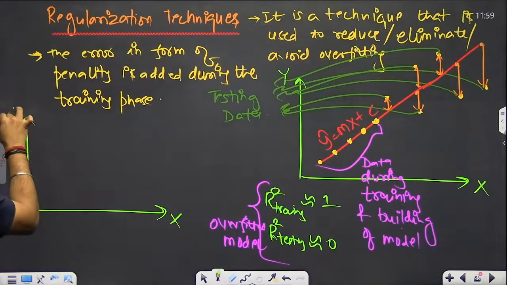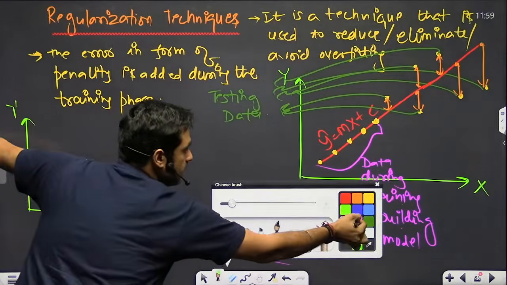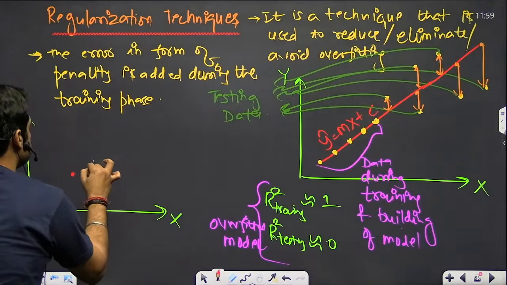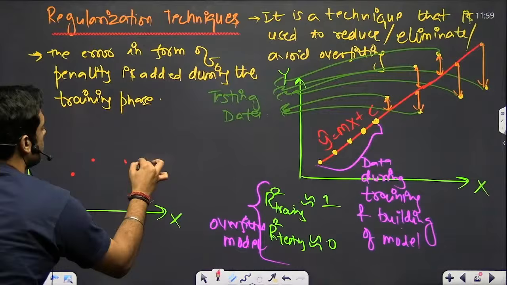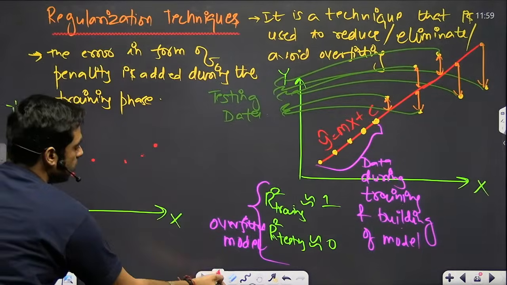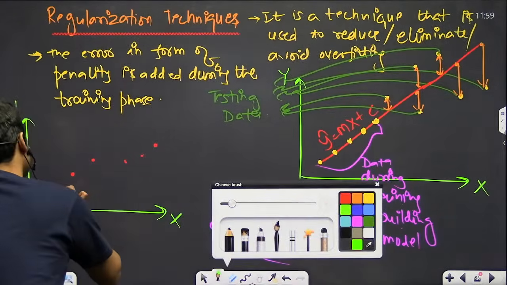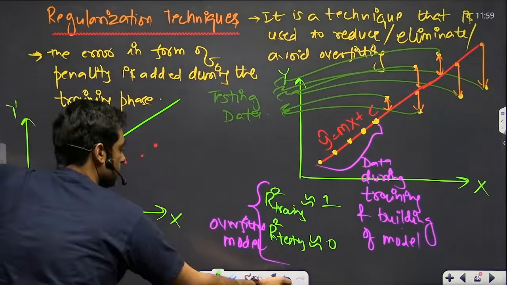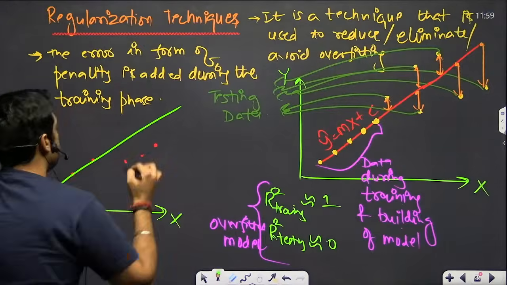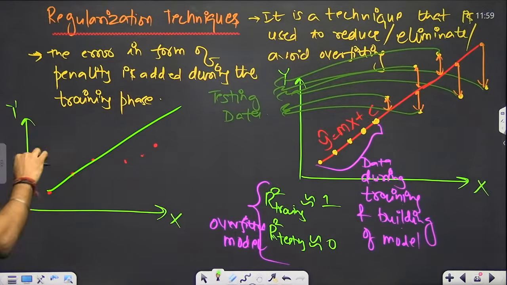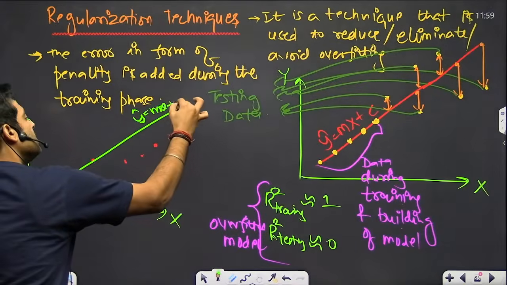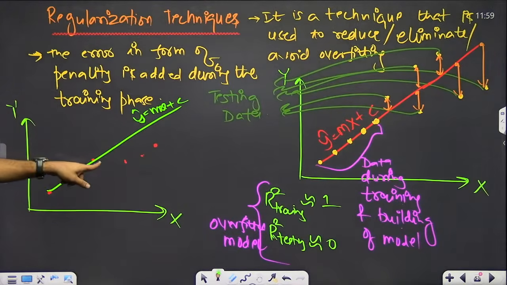This is X, this is Y. For example, 3 points for training and the remaining 3 points for testing. This is the y hat equals mx plus c that I got, and these are the testing data.